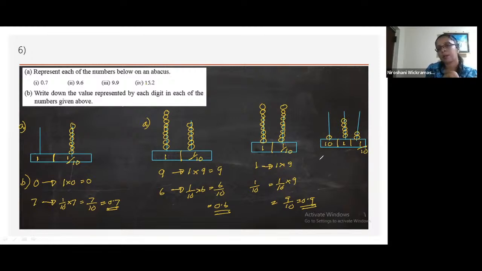So you can write: 1 is at the tens place, 1 into 10, that is 10. 5 is at unit place, 5 times 1, 5. And you can see this thing at the 1/10 place. So we can write 2 into 1/10, 2 over 10, 0.2.